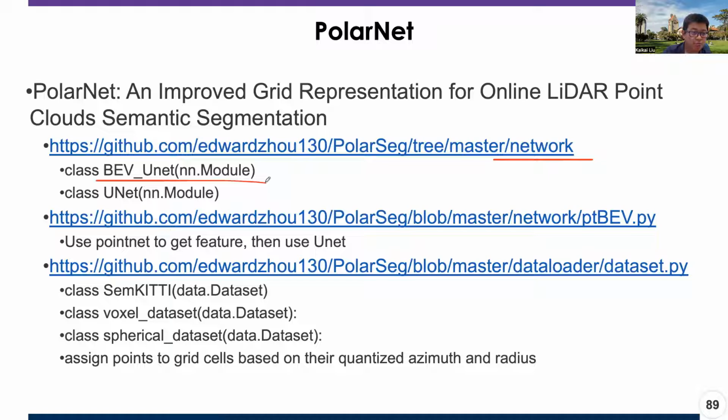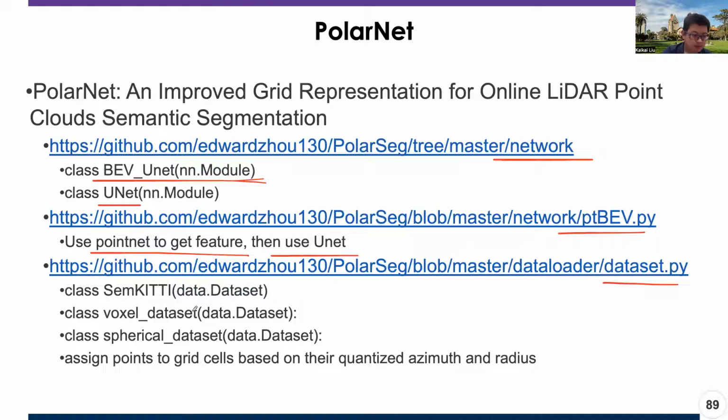They modified it based on the UNet, and they have a traditional UNet and a bird's eye view UNet in the network part. And in PT BEV, they're using the PointNet to get the feature, then using the UNet. I think it's similar to the previous introduction: in each grid, use PointNet to get the feature, then use UNet to do the segmentation.